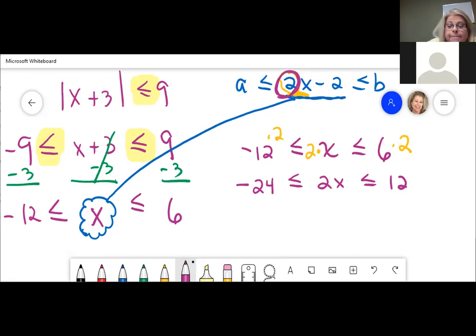Okay. And so that gets me the 2. Now I've got the 2 in front of the x, but now I also need this minus 2. So now I'm going to subtract 2 from all 3 sections.